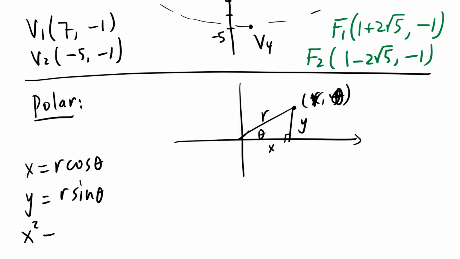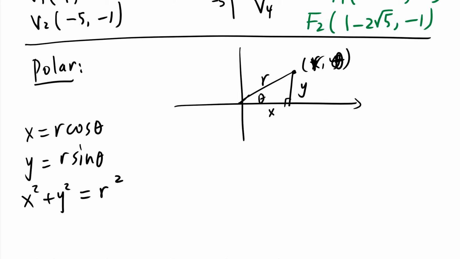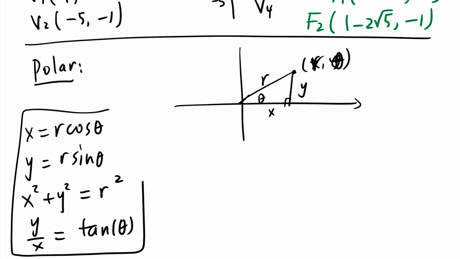We have x squared plus y squared equals r squared, and y over x is tangent theta. Those are the only four relations you need to know that will help you convert from rectangular to polar and vice versa.